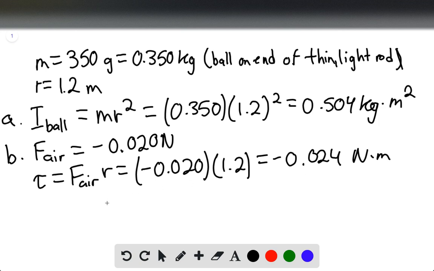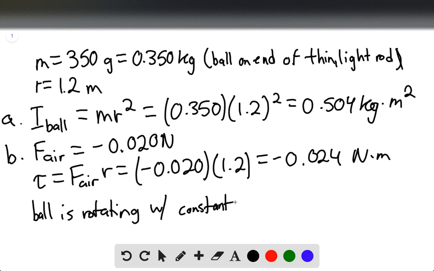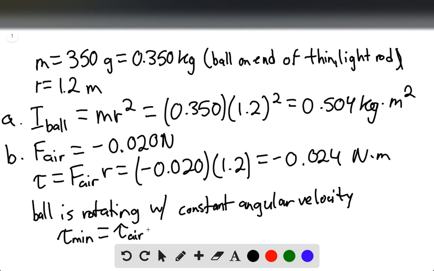However, because the ball is in uniform circular motion, the ball is rotating with constant angular velocity. So tau min would simply equal the torque of the air resistance on the ball, which is negative 0.024 newton meters.